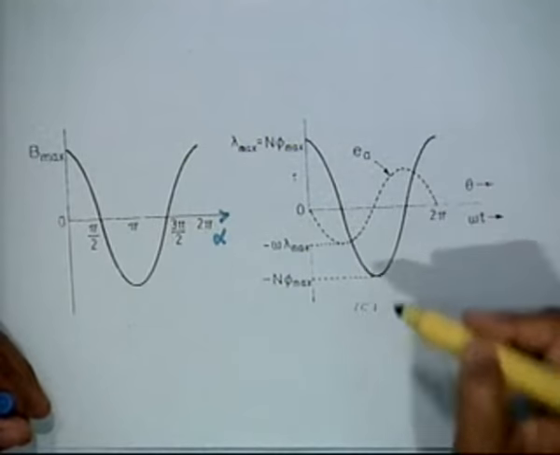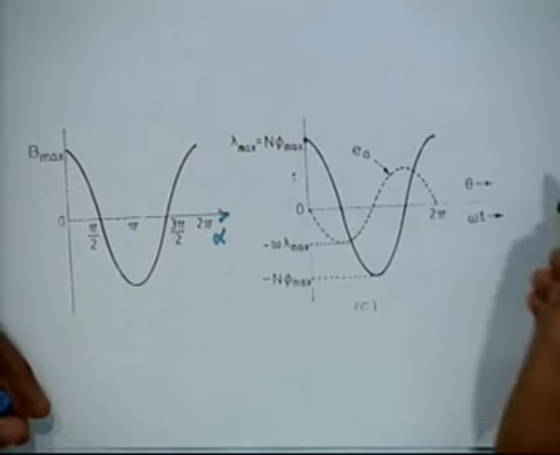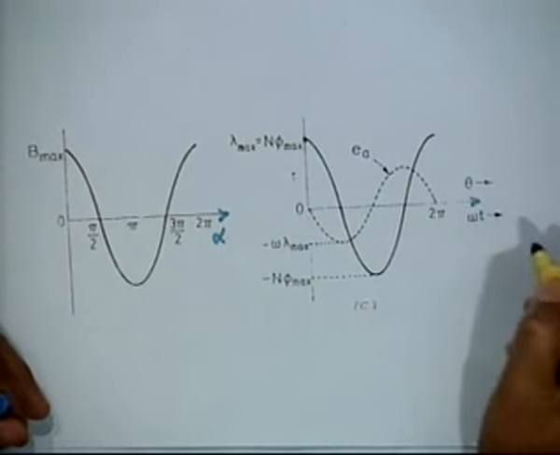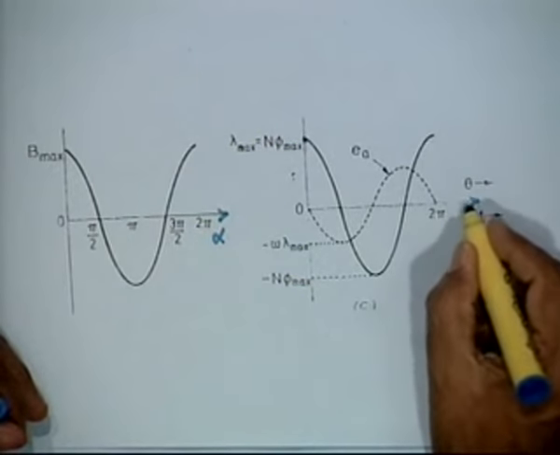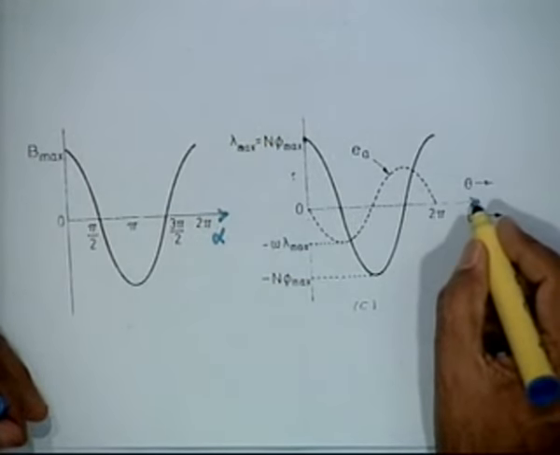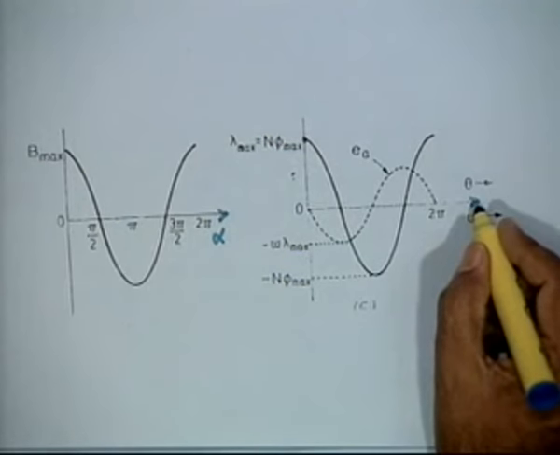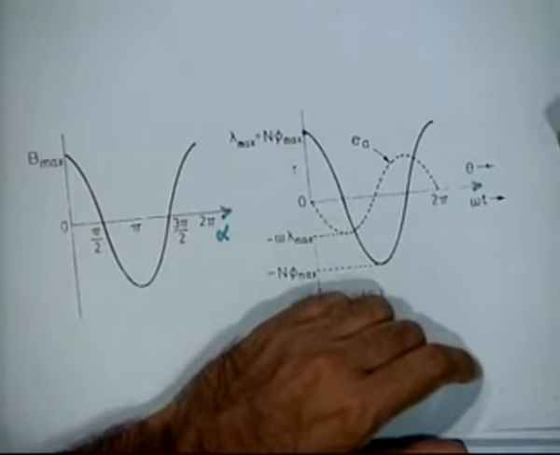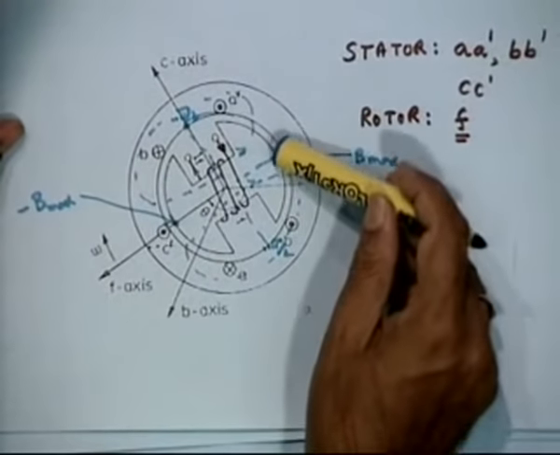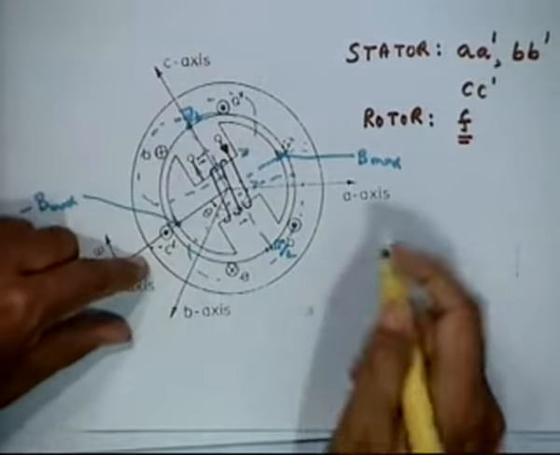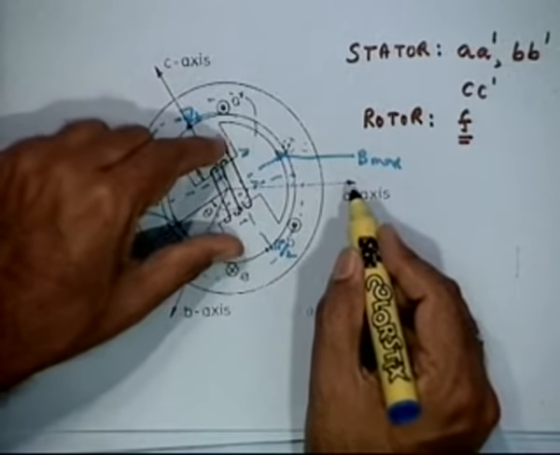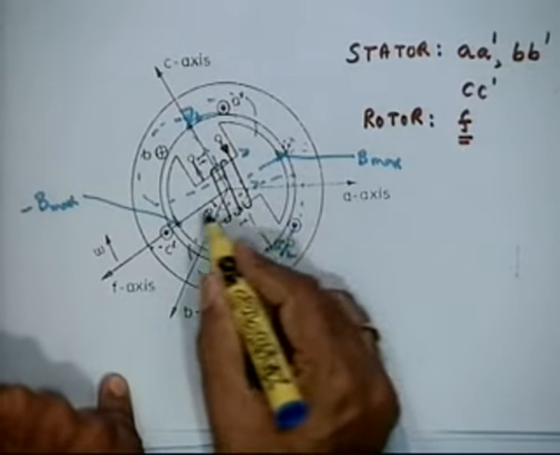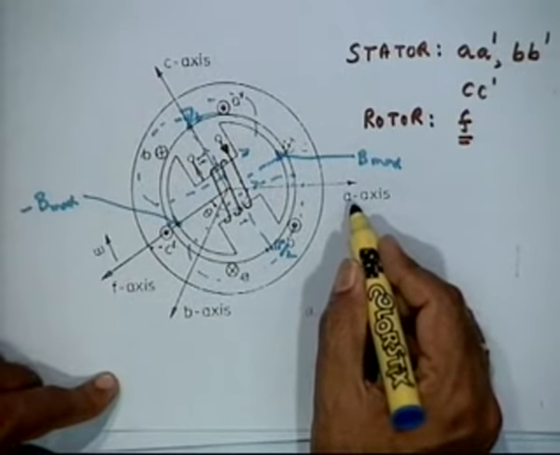Now, this is the flux linkage variation, with reference to omega t or theta. At time t equal to 0, assuming that the A axis and F axis are aligned, it will have maximum flux linkage. That means what we are assuming is that at time t equal to 0 the field axis has moved to the A axis, they are aligned, and the A axis is now getting maximum flux linkage, that is the flux per pole.